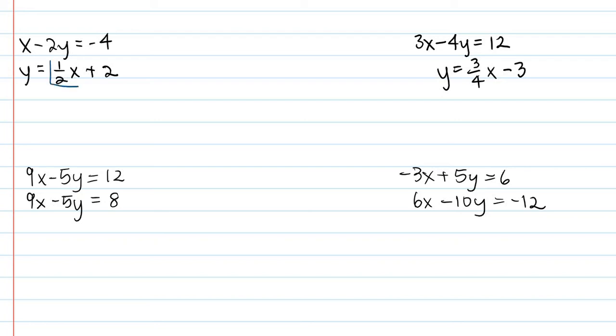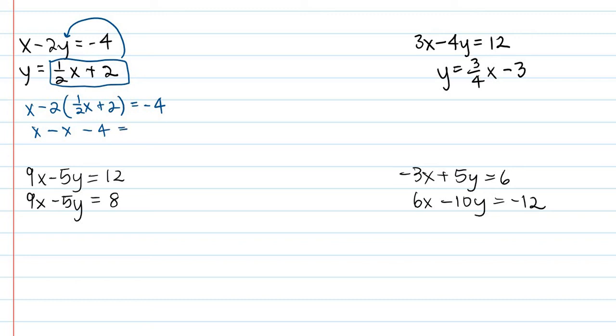So this value is going to be substituted in for y. So x minus 2 times 1/2 x plus 2 equals -4. I'm going to multiply this out. I get x minus x plus, minus 4 equals -4.